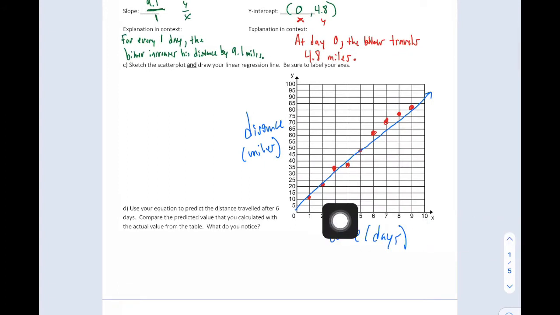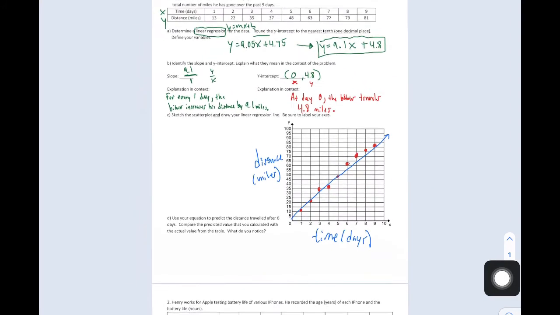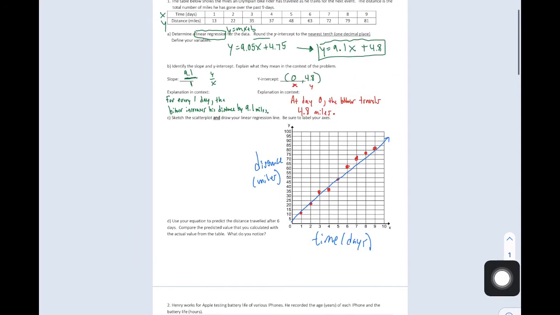Part D says, use your equation to predict the distance traveled after 6 days. Compare the predicted value to what you calculated with the actual value. What do you notice? Okay, so a lot going on here. So the first step, it says, use your equation to predict the distance traveled after 6 days. So I'm going to use my equation, y equals 9.1x plus 4.8.